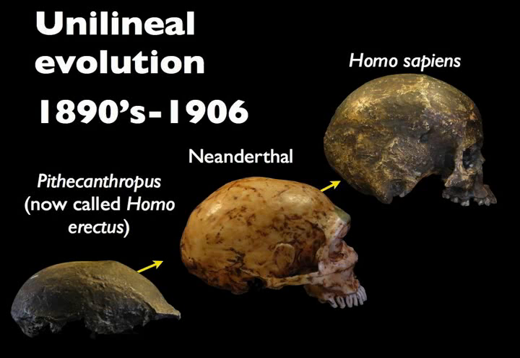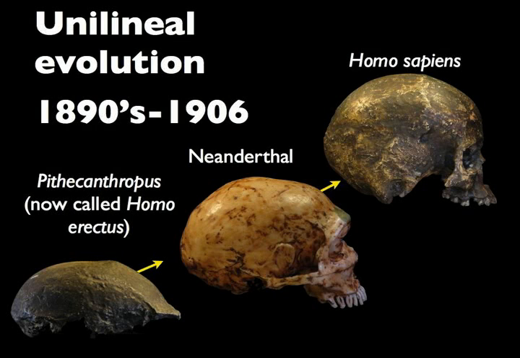But some people are starting to think of this as what's called unilineal, like a single line of human evolution that includes this early missing link, Homo erectus, along with the Neanderthals and humans. And this idea was a minority opinion. It wasn't something that most people in the field thought.